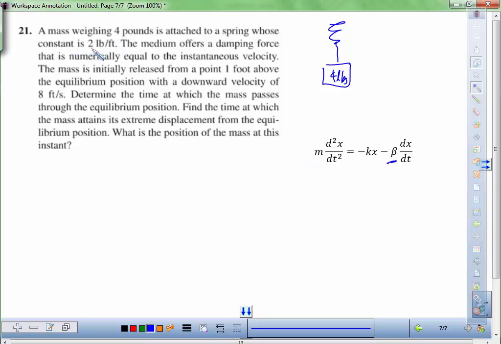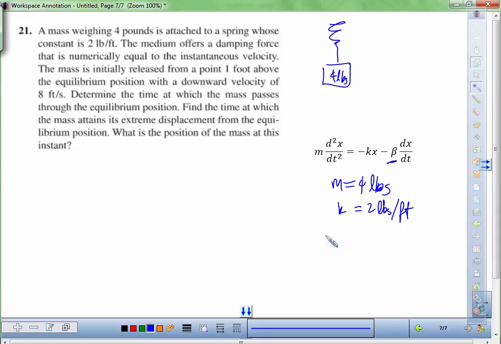A spring whose constant is 2 pounds per foot. So the spring constant is K. So M is equal to 4 pounds, and the spring constant is 2 pounds per foot. A medium offers a damping force that's numerically equal to the instantaneous velocity.